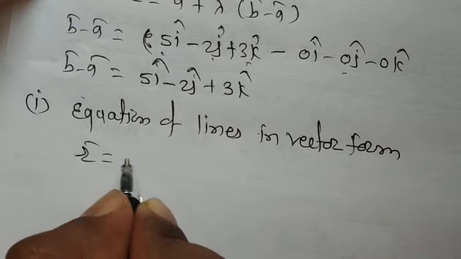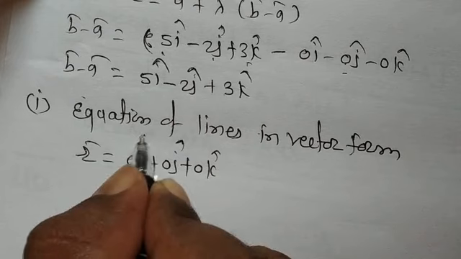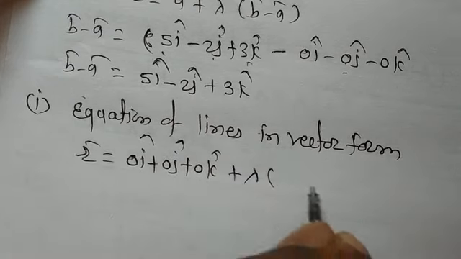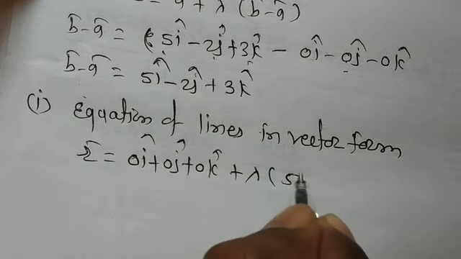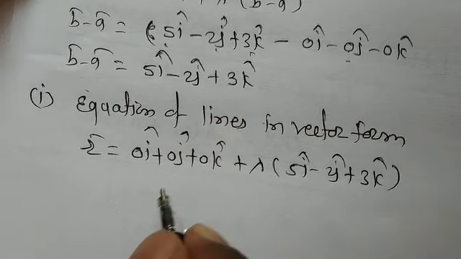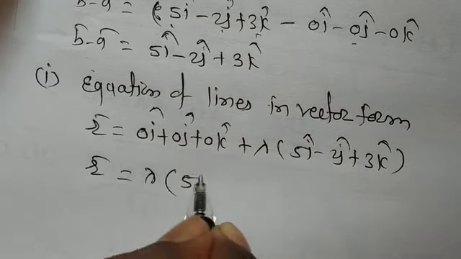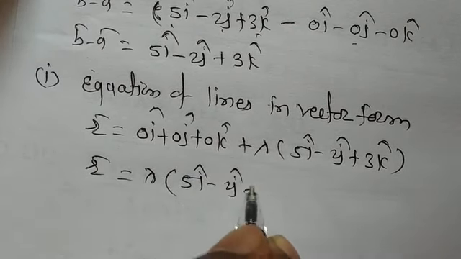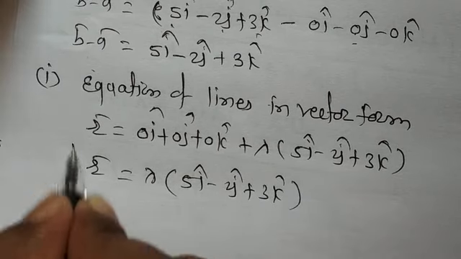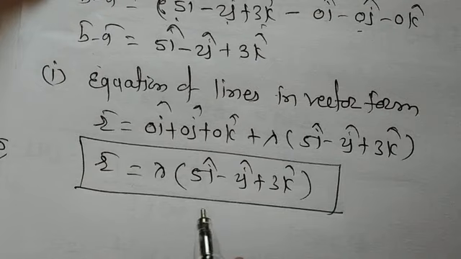What is a bar? 0i plus 0j plus 0k plus lambda of b bar minus a bar, which means 5i minus 2j plus 3k. That gives r bar equals lambda times 5i minus 2j plus 3k. This is our vector form. Next is the equation in Cartesian form.